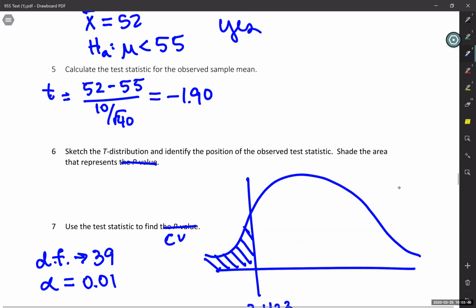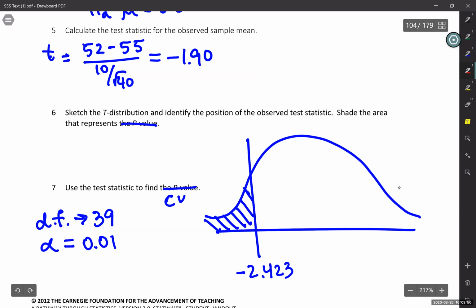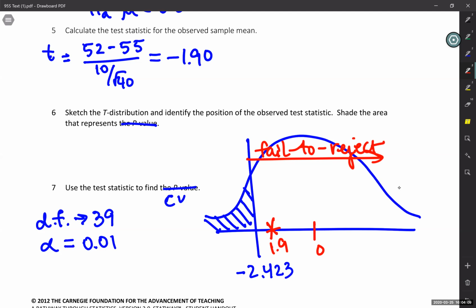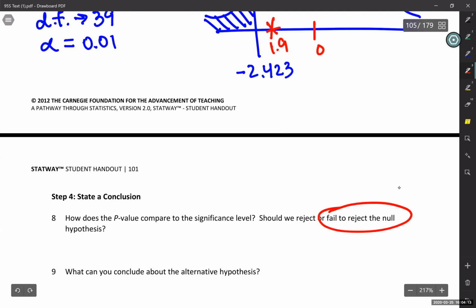Our test statistic was negative 1.9. Here's our 0 in the middle, so negative 1.9 lies on the right side, and this side is our fail to reject. We shaded to the left. And so we have determined that we will fail to reject the null hypothesis.